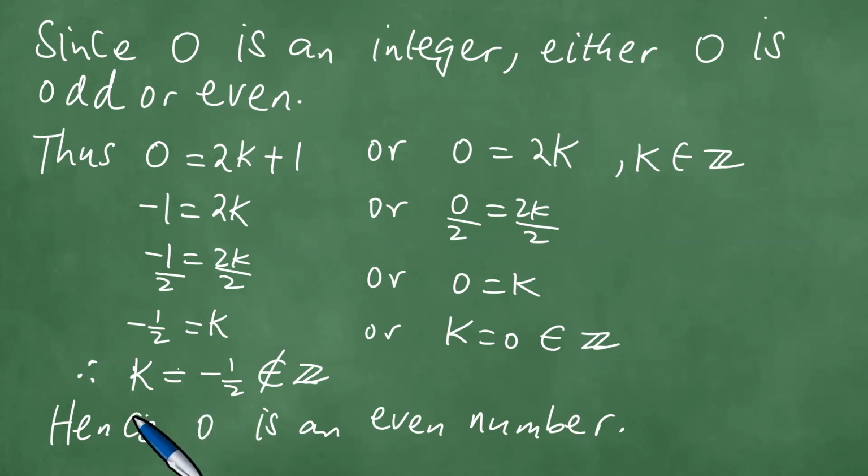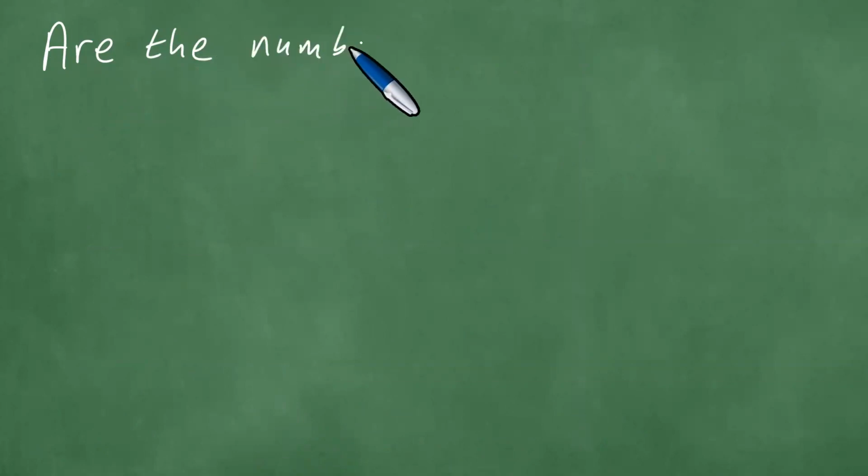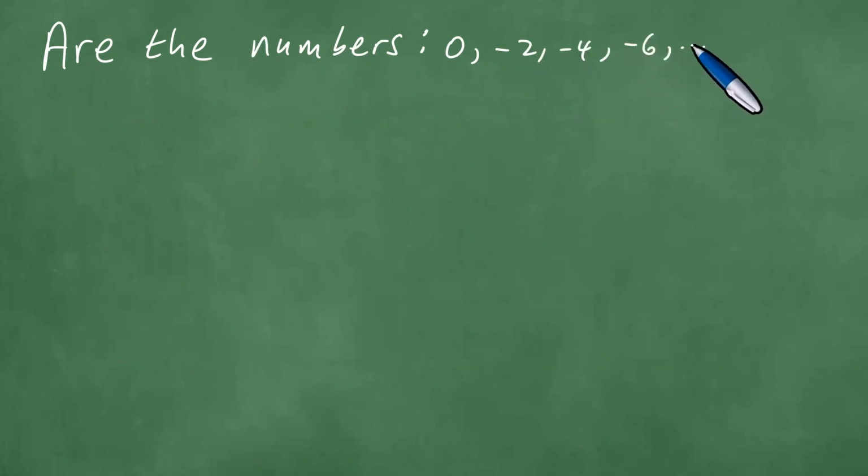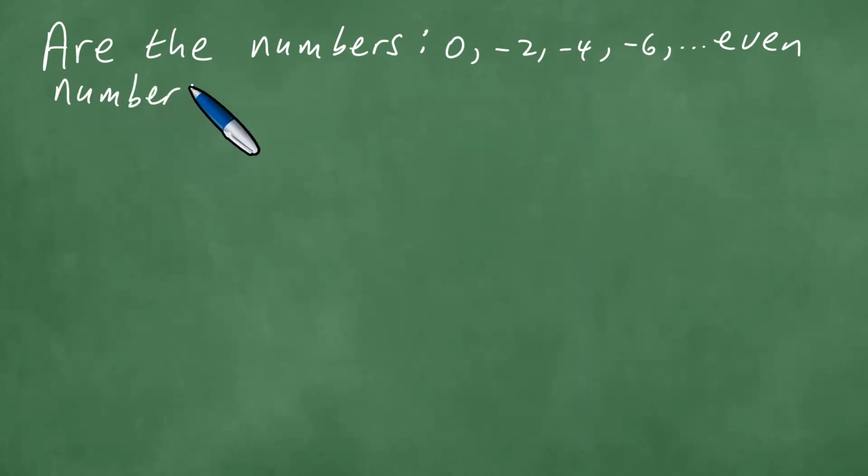It remains to determine the next question we're answering: are the numbers 0, -2, -4, -6, and so on, even numbers, or not? Okay, we consider a couple of cases, obviously.